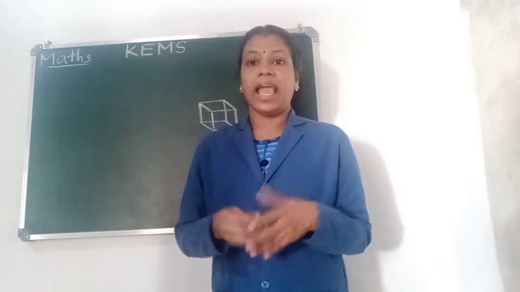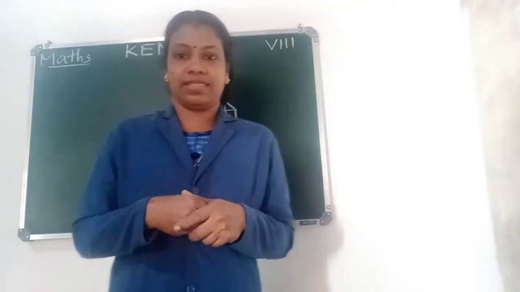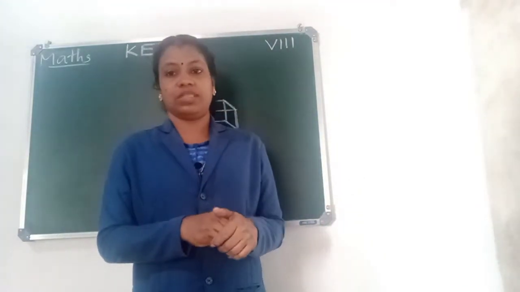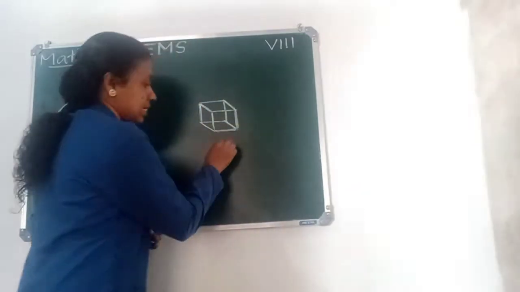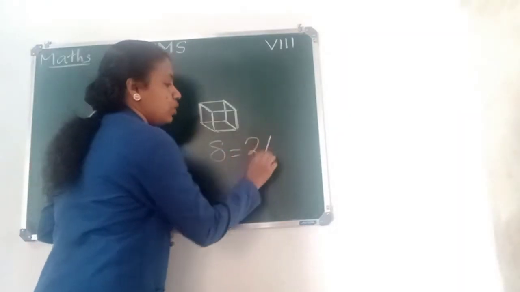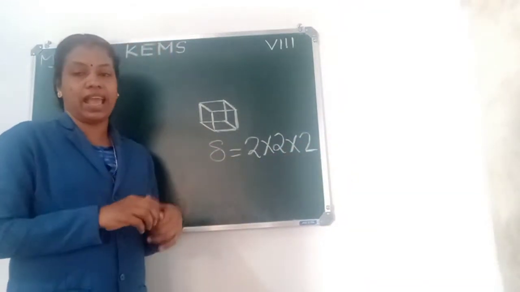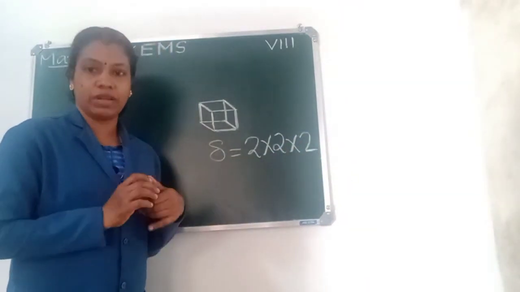For example, 8 can be written as 2 cubed, that is 2 into 2 into 2. So 8 is a cube number.